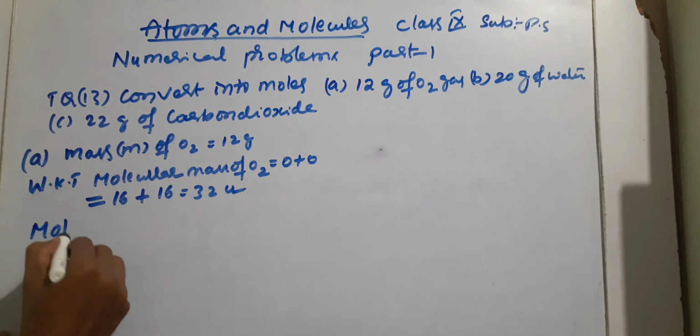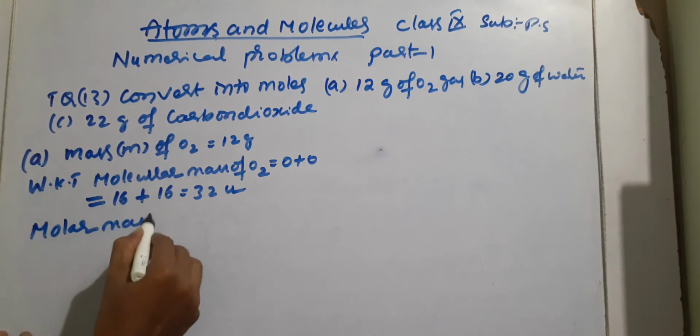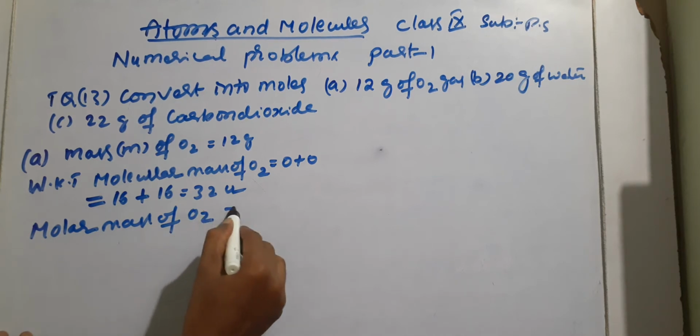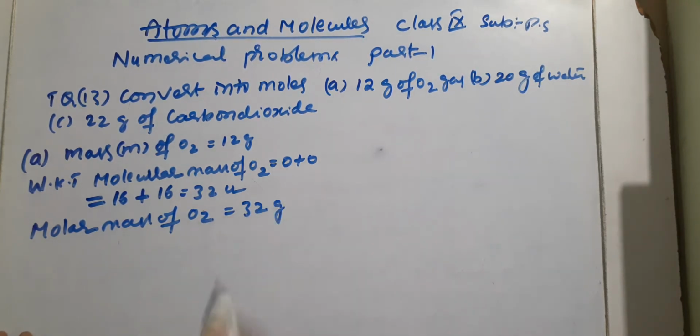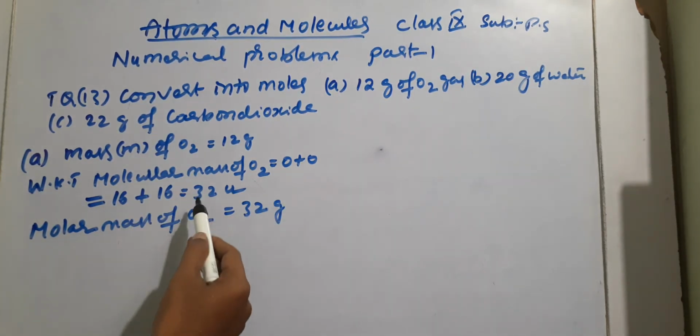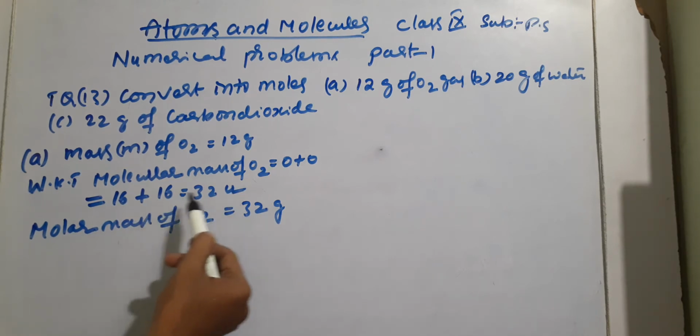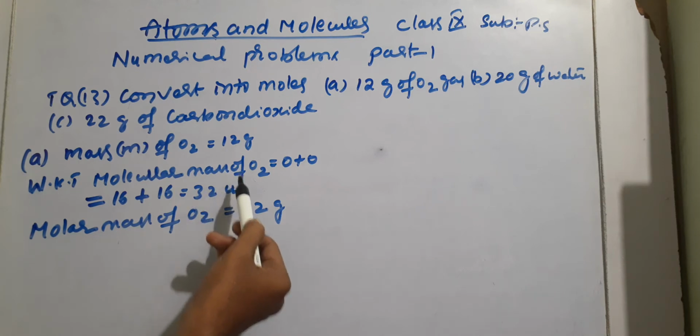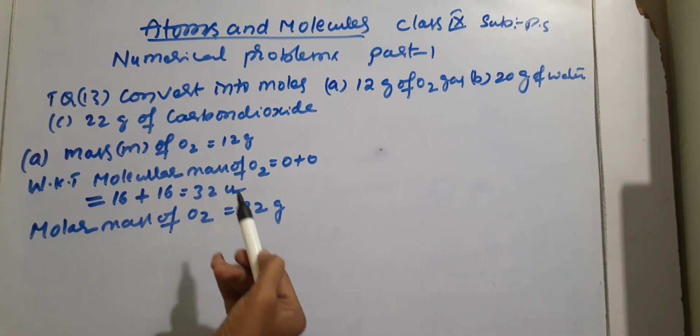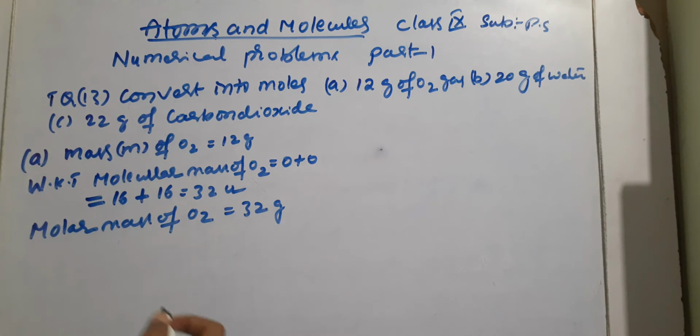Then the molar mass of O2 is 32 grams. But molecular mass is 32 U. U means unified mass, students. The same molecular mass of oxygen when you write in grams will be the molar mass of O2.